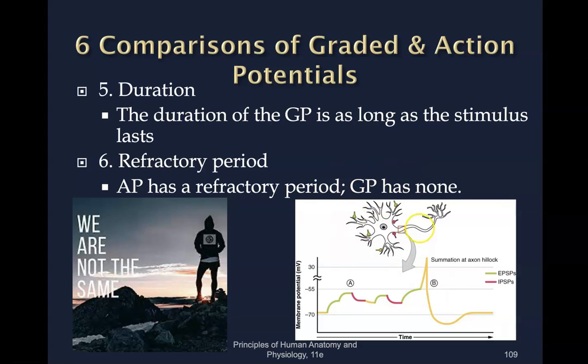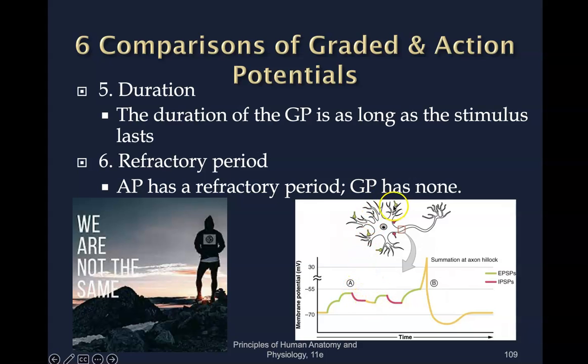But again, remember, we're going to talk about this idea of summation, where basically summation is the addition of all of the excitatory graded potentials and then the inhibitory graded potentials, all added up together. And as that happens, I love this. You have some excitatory ones, right? Some of these ones here are firing and causing some depolarization, but then you got some inhibitory ones that take you back down a little bit.